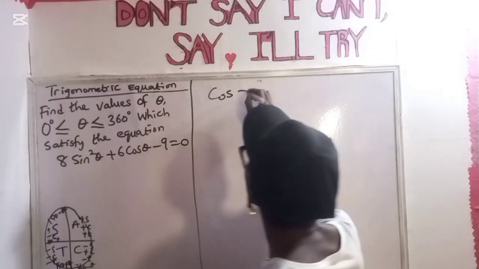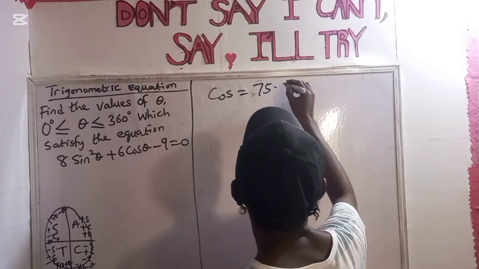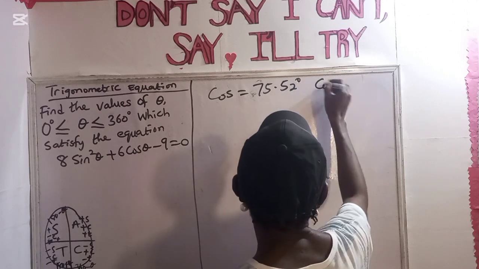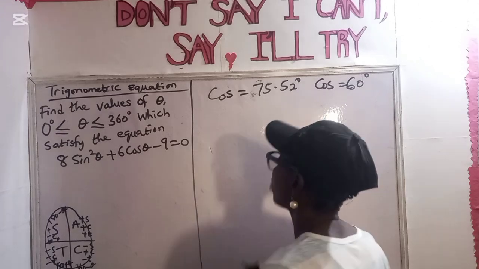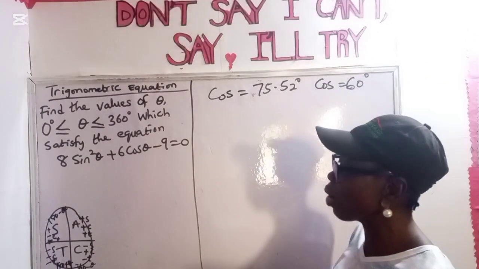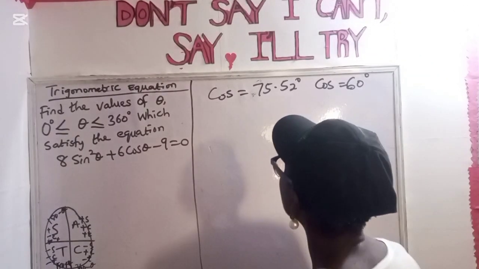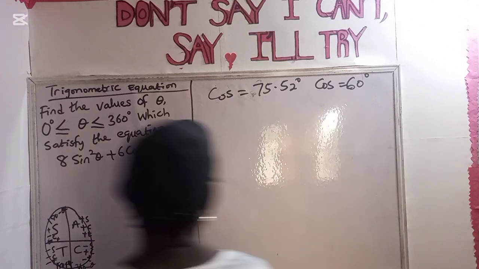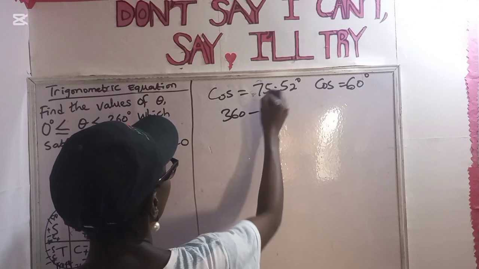This is the first quadrant: 75.52 degree, and of course 60 degree. We now go to where cos is positive. Is it in the second, third, or fourth? Where we see that cos is positive is in the fourth quadrant, which is 360 minus theta.